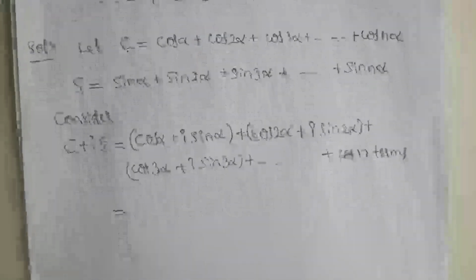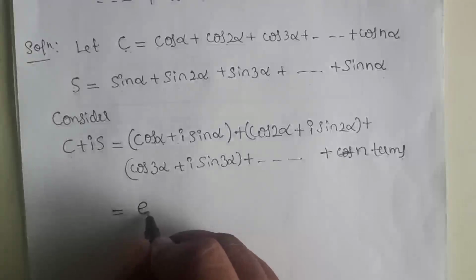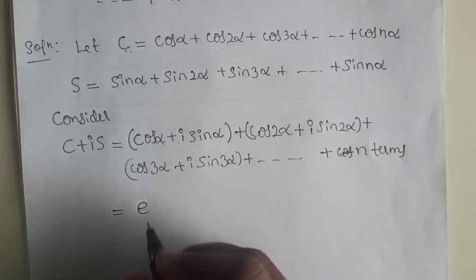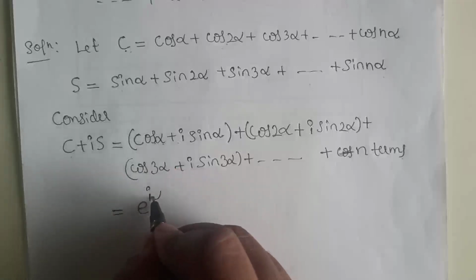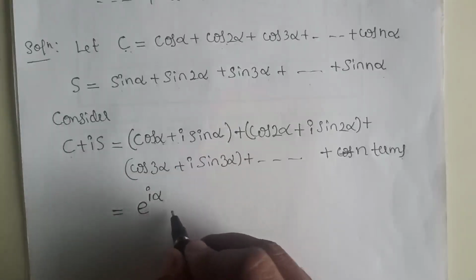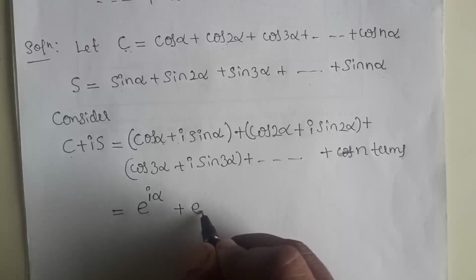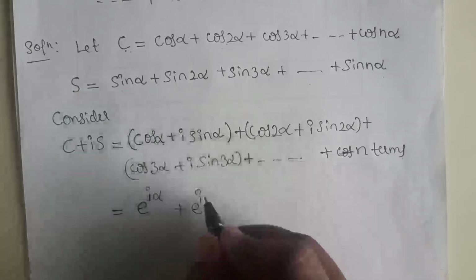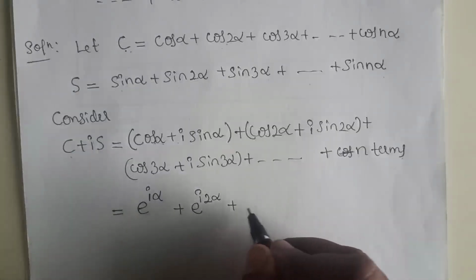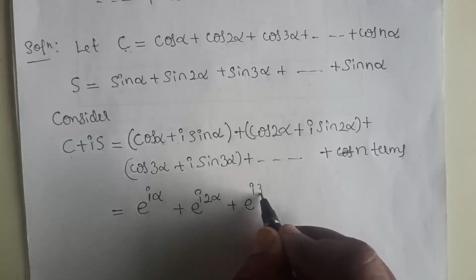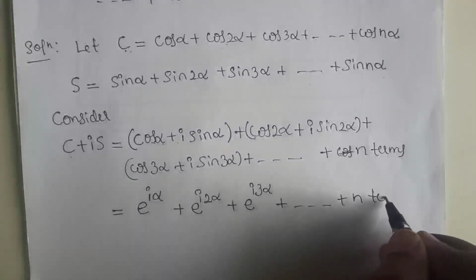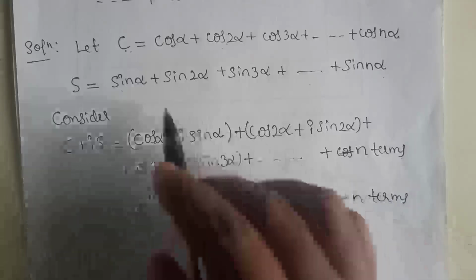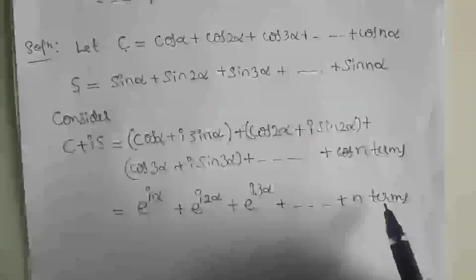Here in the place of theta we have alpha, so we write e raised to i alpha plus e raised to i 2 alpha plus e raised to i 3 alpha and so on up to n terms.